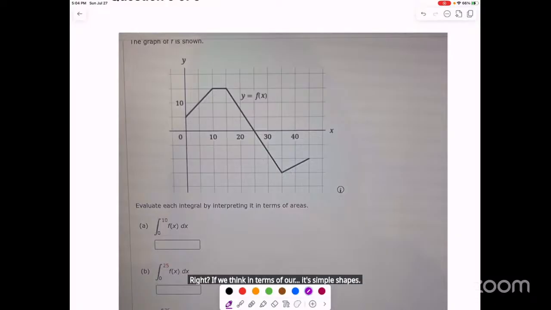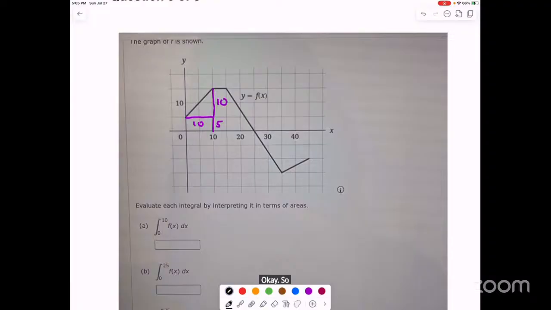So for instance, if we just want the area from 0 to 10, right? That's 10, and that height, what's that height there? 15, right? So if this is 5, this is 10, this is 10, right?